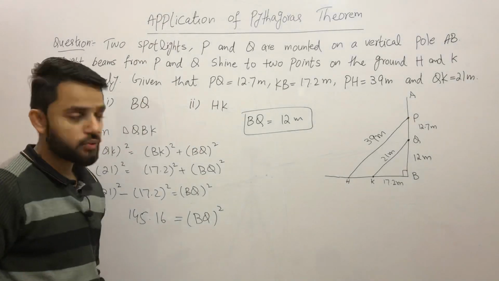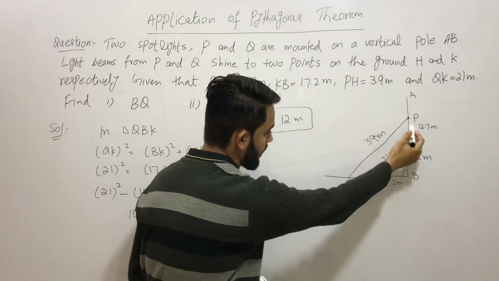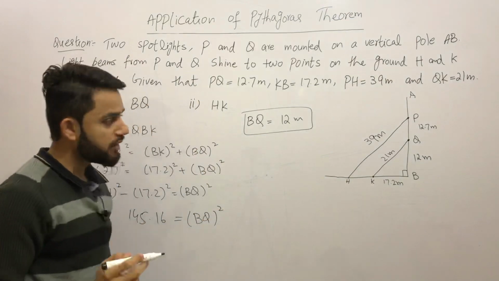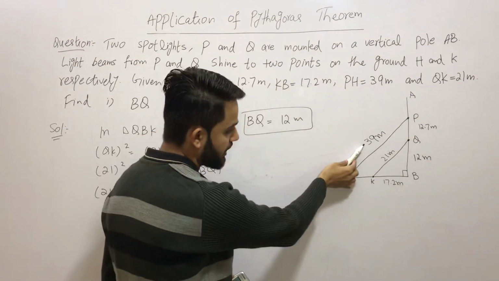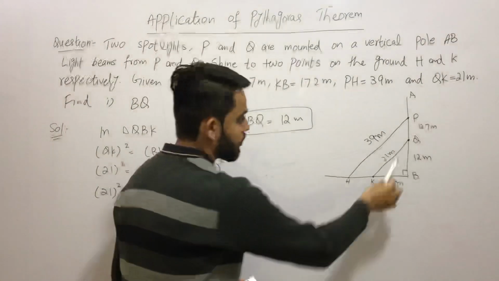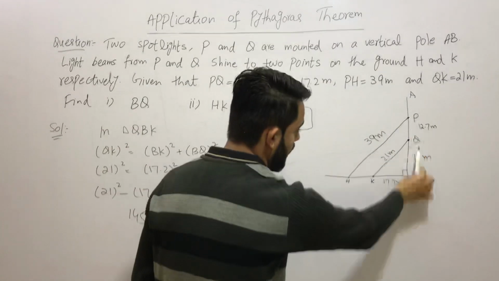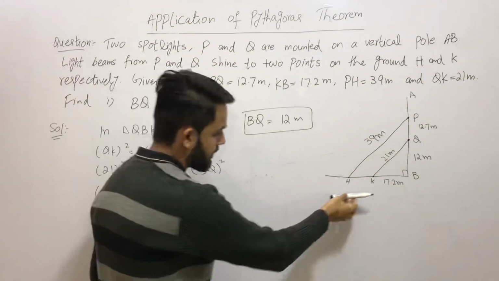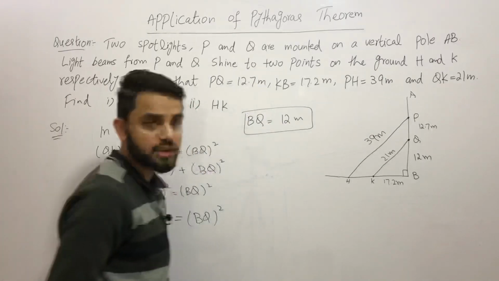So first we will see that H and K is basically part of the bigger triangle, which is PBH. In the bigger triangle PBH, the hypotenuse is given, the height is 12.7 plus 12, which gives the whole height from point P to point B, that's also given. And in the base we have KB, and we can find HK very easily.